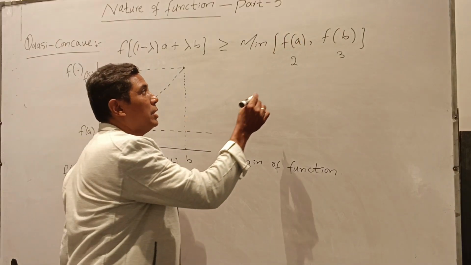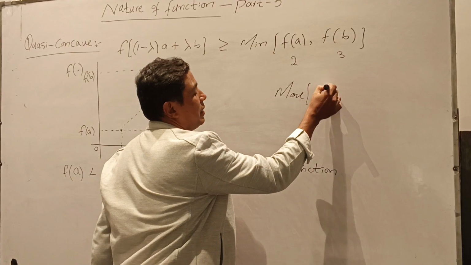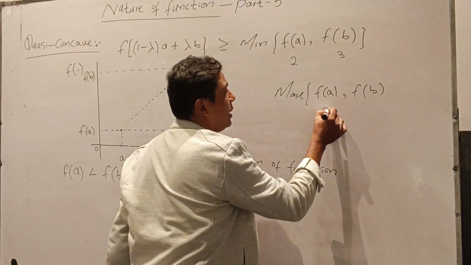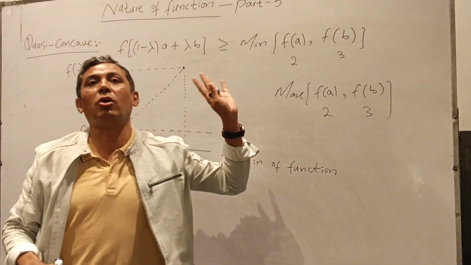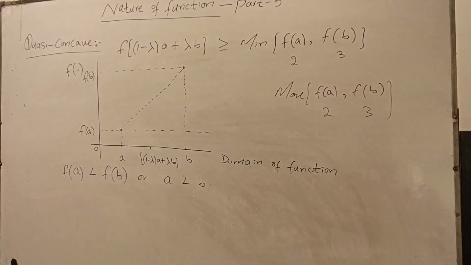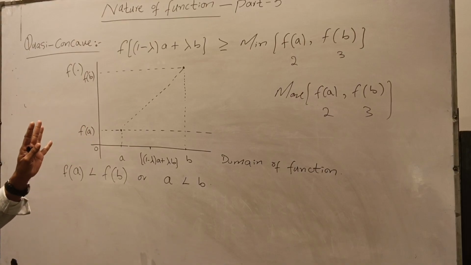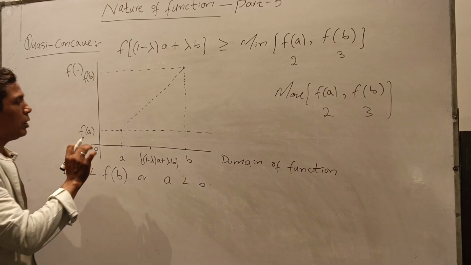If I write max of f(a) and f(b), now again 2 and 3, so now you will compare with 3, not with 2. That is the meaning of max and min of this one, first of all. Clear? So now, what does it mean?